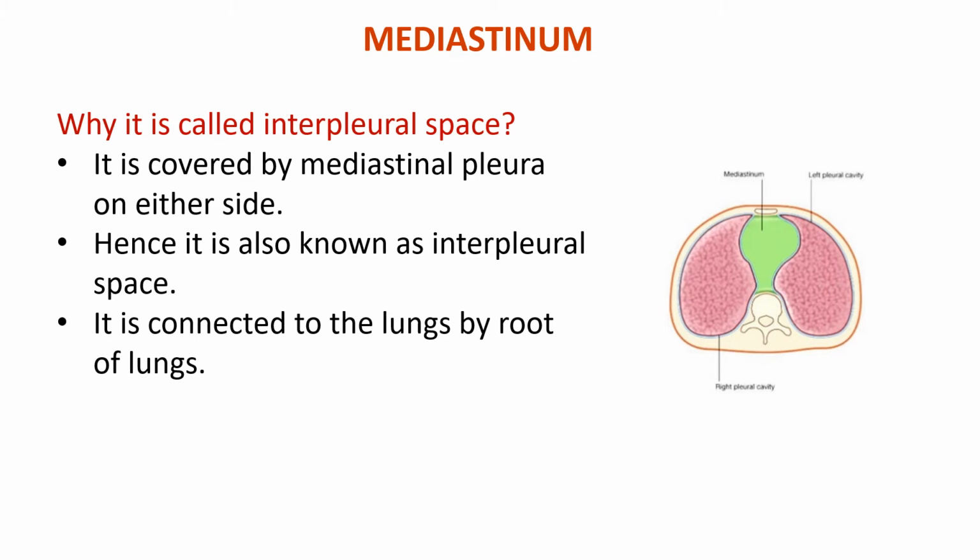And how is it connected? It's connected to the lungs by the root of lungs, through which the bronchus, the pulmonary artery and pulmonary veins will be entering and leaving the mediastinal or medial surface of the lungs.